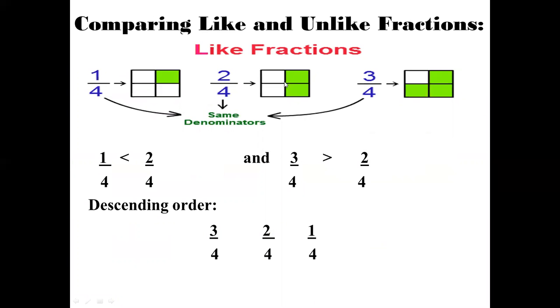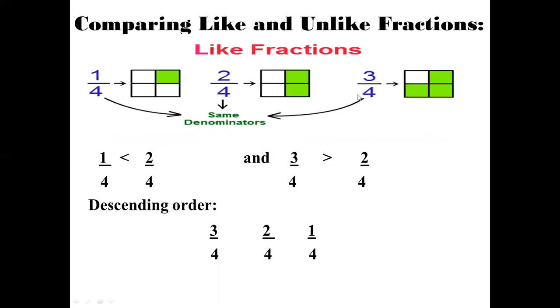Like fractions comparison is very simple, because you just have to focus on the numerators because the denominators are same. If the numerator is smaller, that fraction is smaller, and if the numerator is bigger, that whole fraction is bigger. Over here in the first picture, you can see that only one box out of 4 is colored, so the fraction is 1 upon 4. In the other picture, 2 boxes are colored out of 4, the fraction is 2/4.